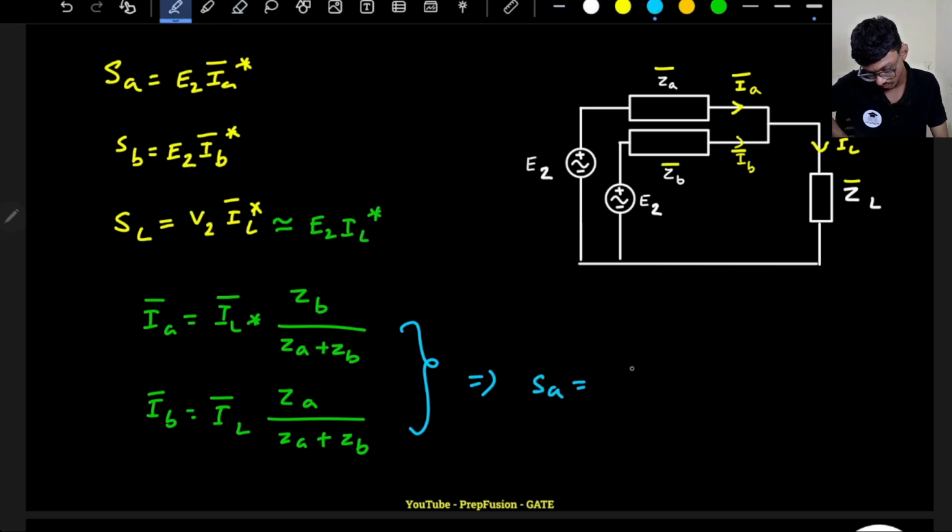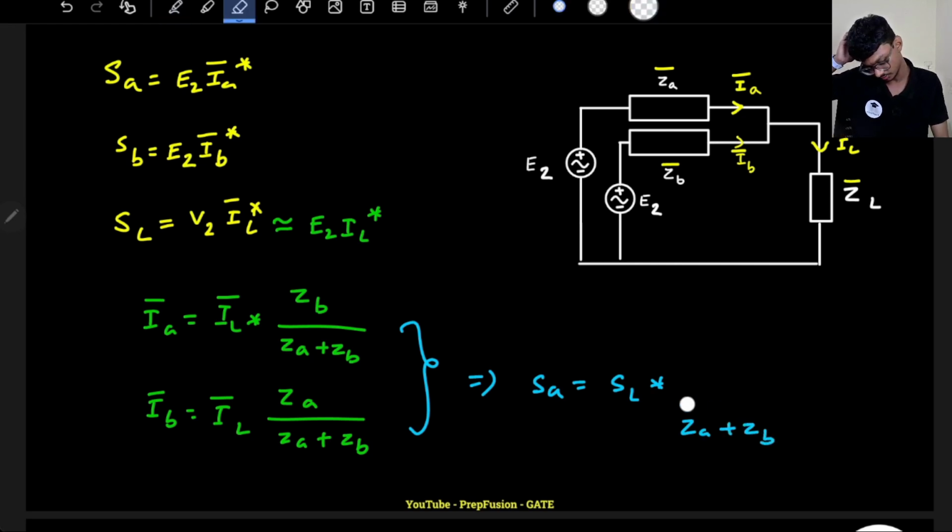SA will be SL into ZB divided by ZA plus ZB. Hold on.